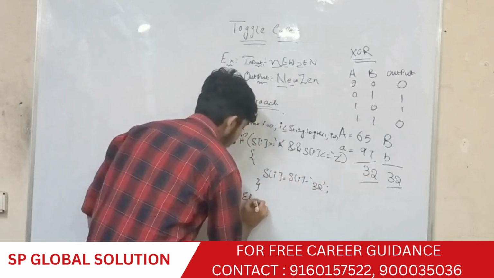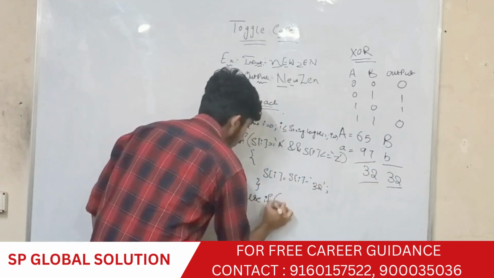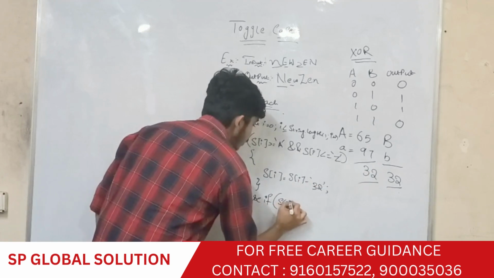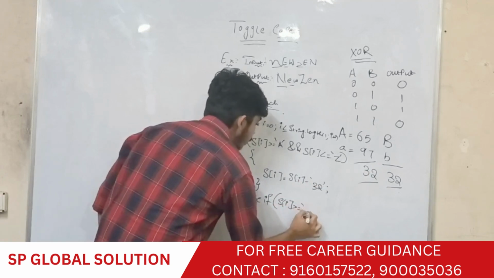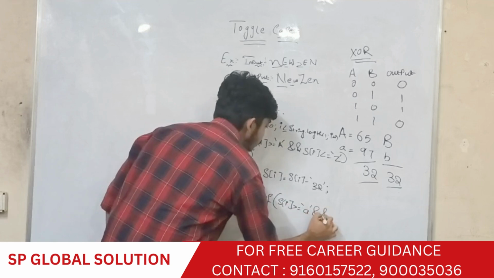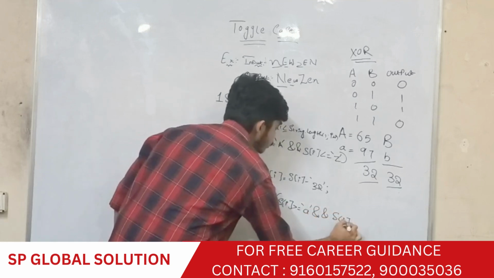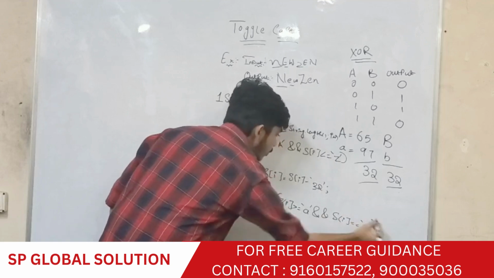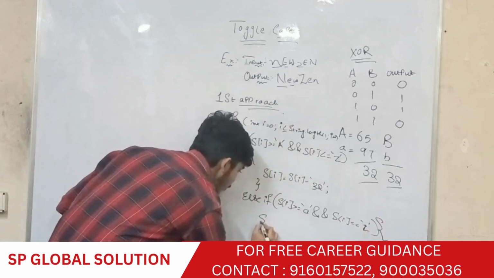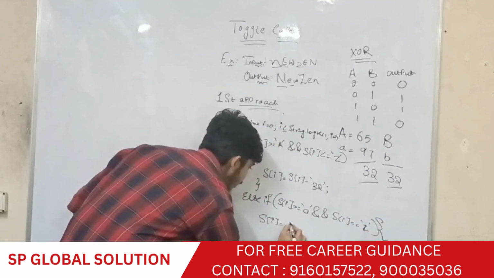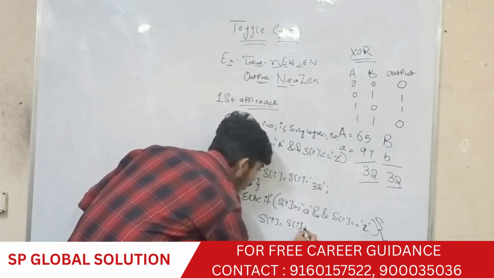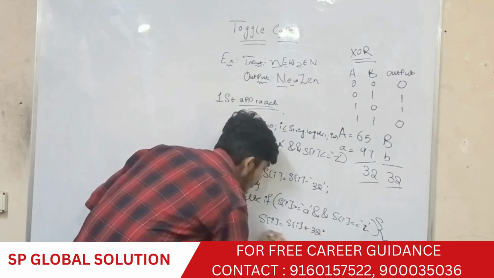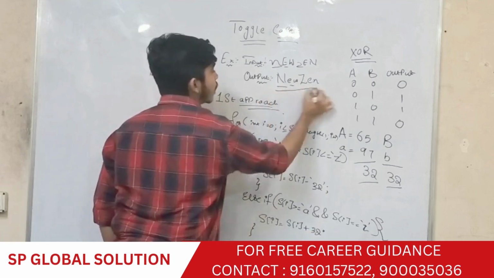Else if s of i is greater than or equal to small a and less than or equal to small z, we would be converting it to uppercase by subtracting 32. So by this, the output would come in this range.